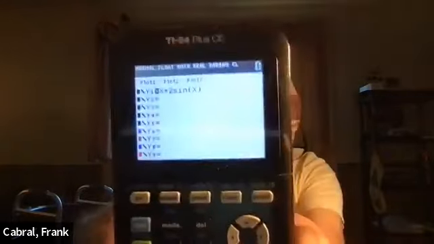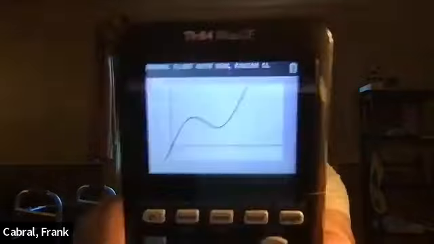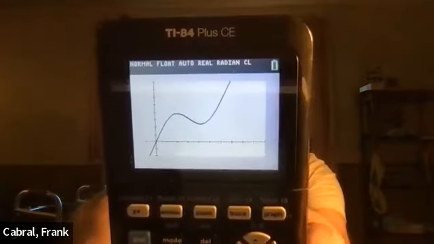And what I'm going to do here for your viewing pleasure is plug the function into my calculator, just so I can see what I'm looking at. It'd be nice to be able to visualize. And if I set my window correctly with a little bit of playing around, we can see that.